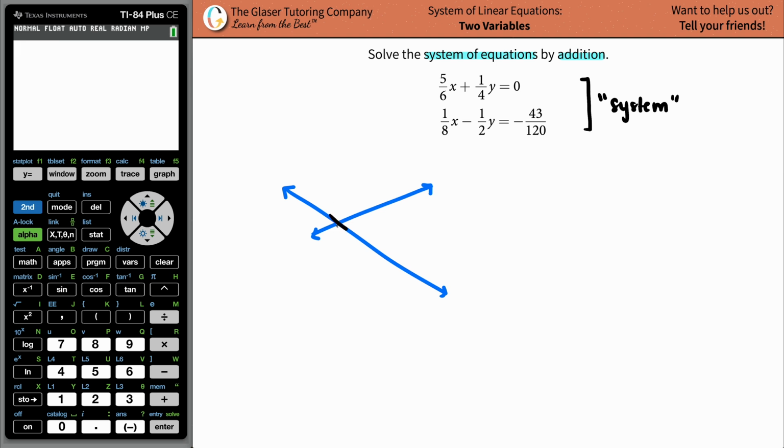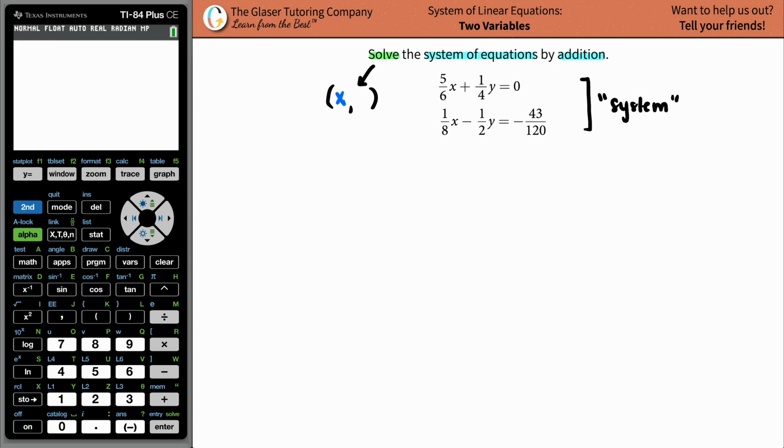So X marks the spot. It's the point which they have in common, or where they cross paths. So by solving, we are solving for the x and y coordinates that they have in common.